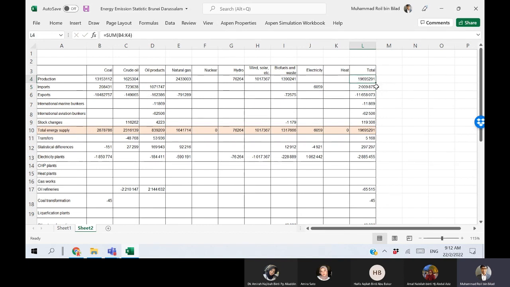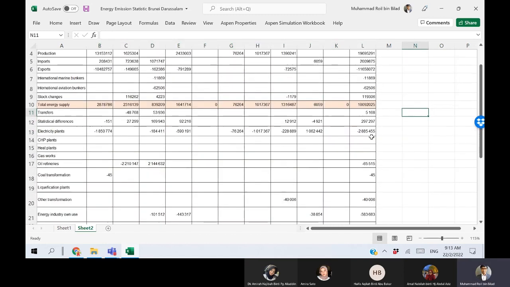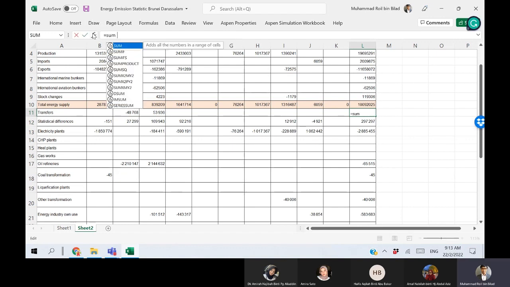When I drag here, it means that I drag the equation. Oh, something not correct here because here is supposed to be space. Anything I miss? Okay, this part is already okay. And all of the values on the right here are actually the sum of the one. Okay, this one is the sum of the one on the left. So then this is equal. So this is how it says this equals the sum of all of the cells.